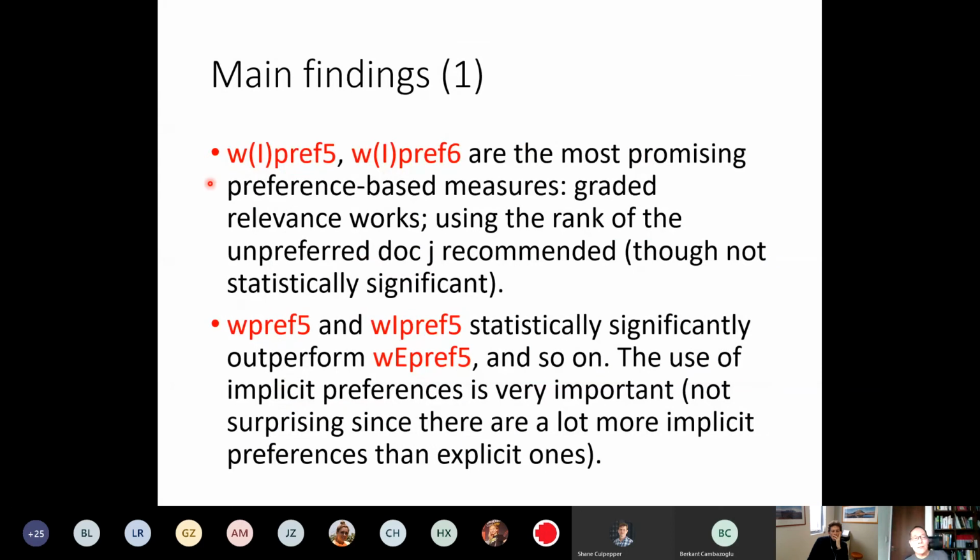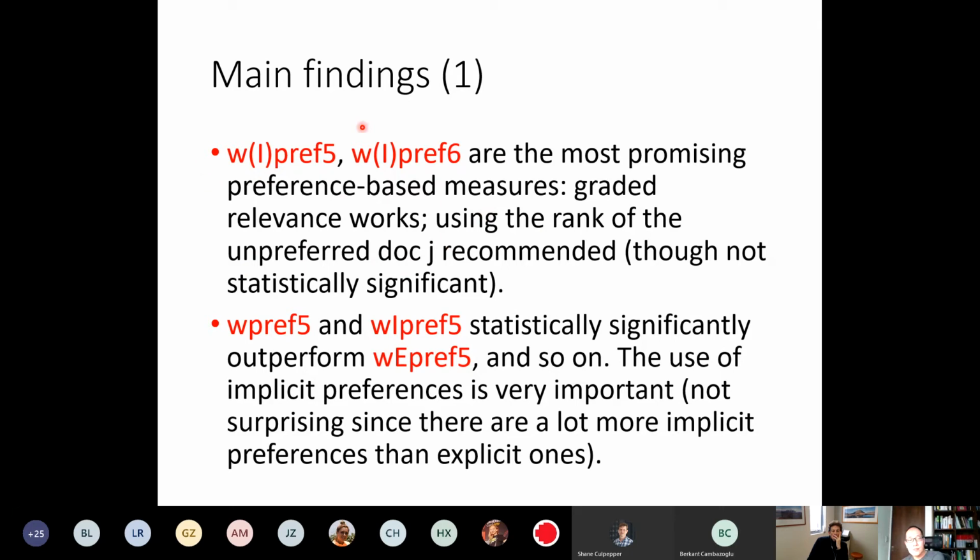So in words, regarding preference-based evaluation measures, these measures look like the most promising. They use the rank of the unpreferred document J, both of these, and also they use graded relevance.